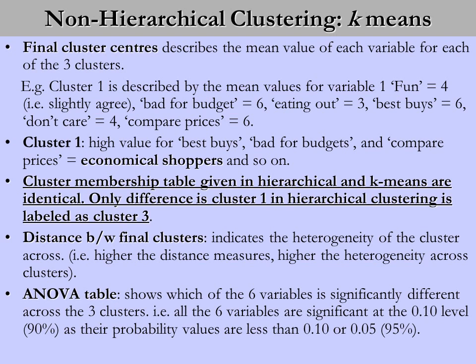So final cluster centers describe the mean value of each variable among the 3 clusters. Say, for example, cluster 1 describes the mean value of variable 1, that is fun, bad for budget, eating out, best for buy. Similarly others.